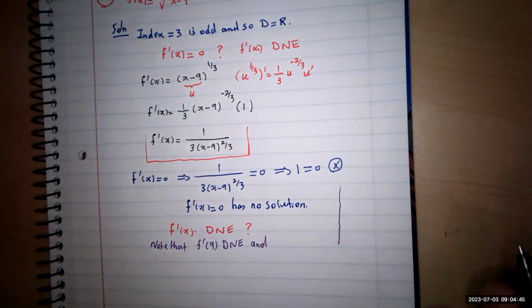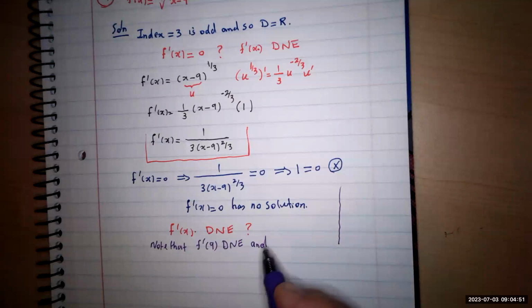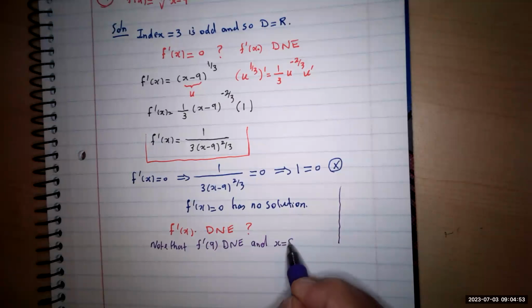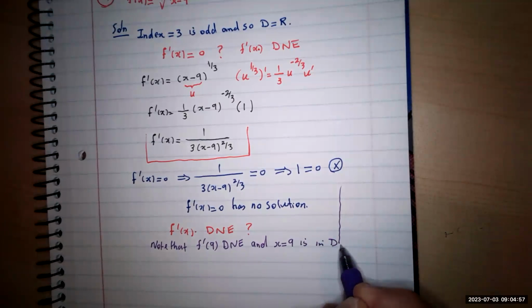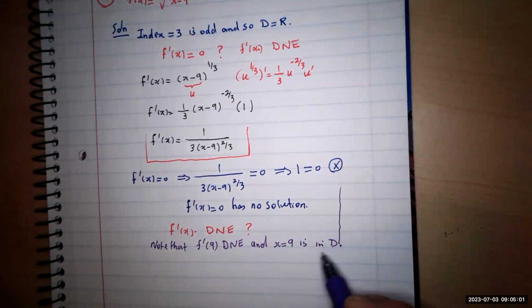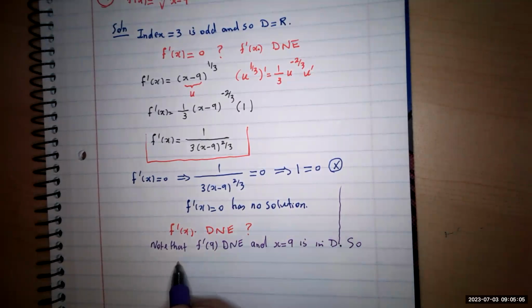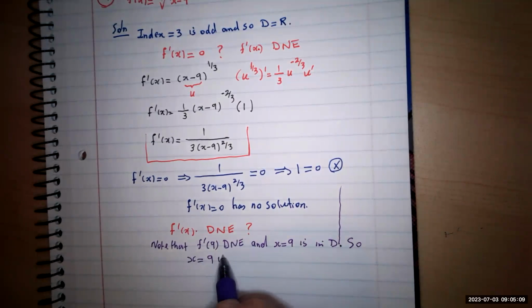If it is outside of the domain, you cannot pick this number. So we say note that f prime of 9 does not exist, and x equal to 9 is in the domain of the function. And that's exactly the definition of the critical value. So that's it. X equal to 9 is a critical value.